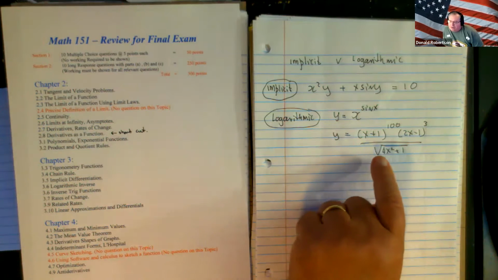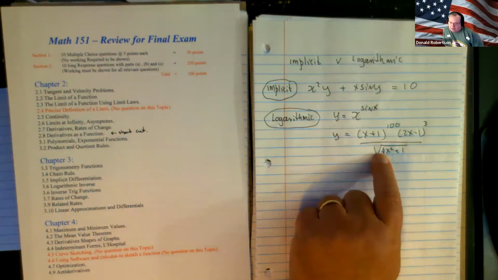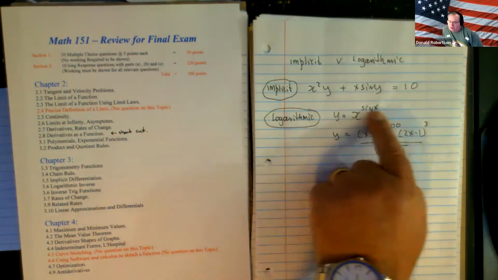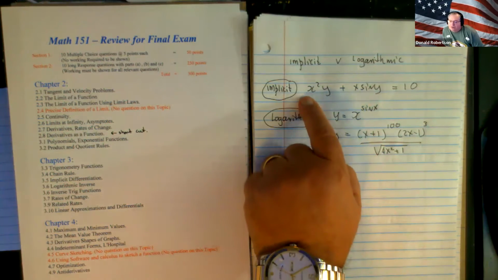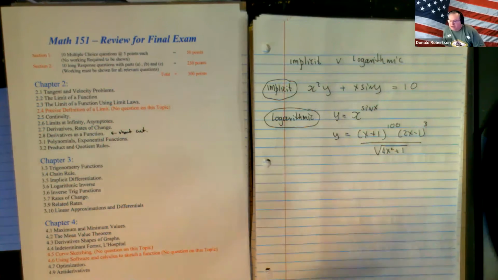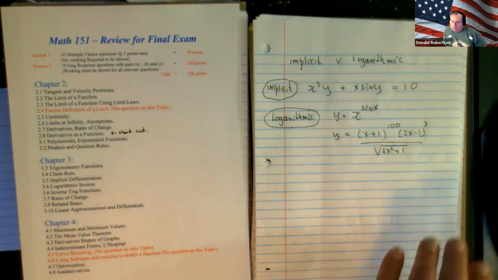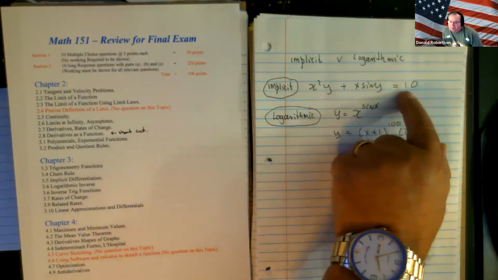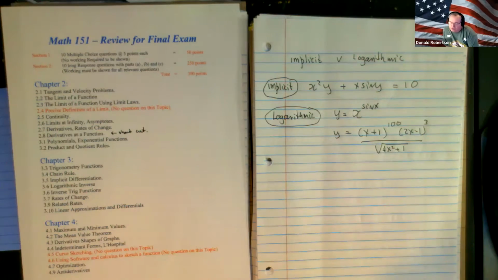So if I wanted to differentiate this guy or a weird power like this, that would be a logarithmic question. If I wanted to differentiate x cubed y squared plus y cubed plus x e to the y, things with x's and y's all jumbled up, typically equal to a number, then that would be an implicit differentiation situation.